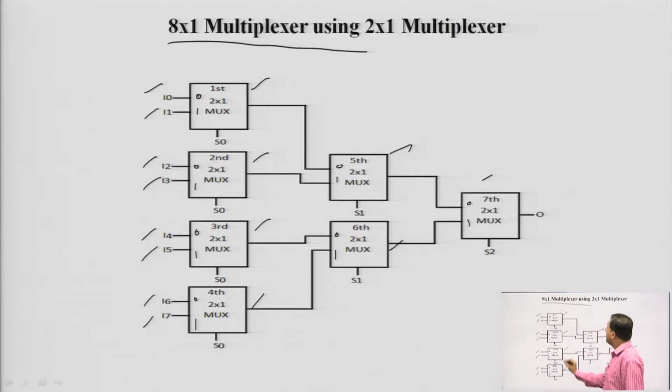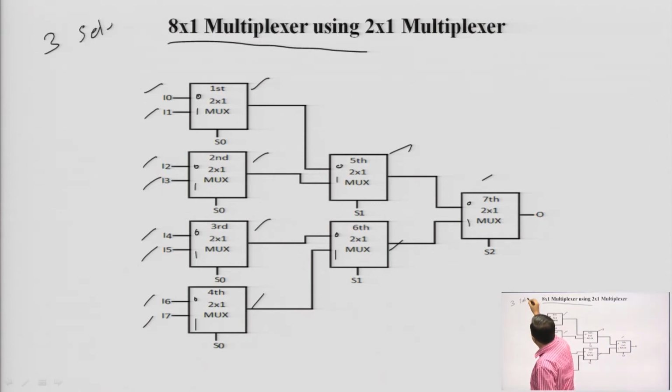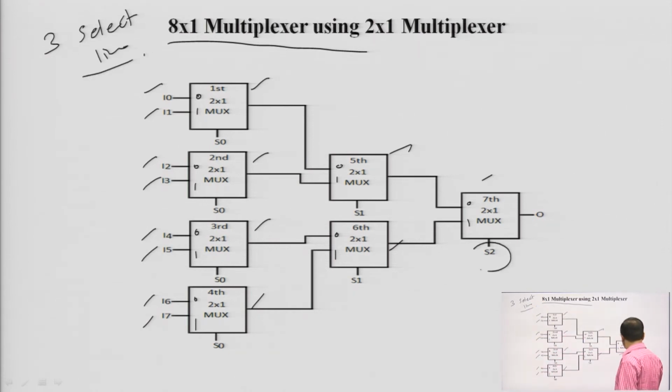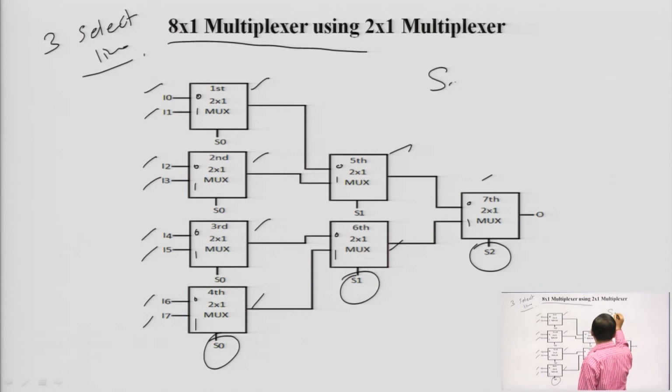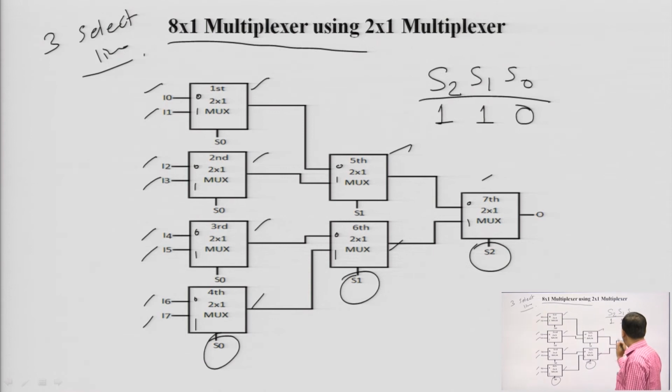Now, the 8 cross 1 multiplexer has 3 select lines. These 3 select lines we implement as S2, S1 and S0. This is all connected to S0 because all are the same. So, here S2 S1 S0. Similarly, like the previous example, if we have to implement 1 1 0, S2 is 1, S1 is 1 and S0 is 0.